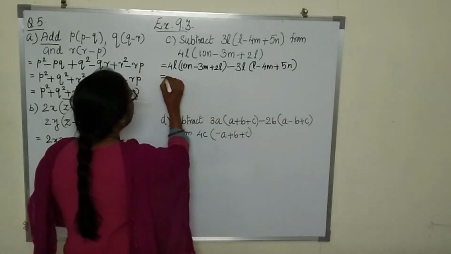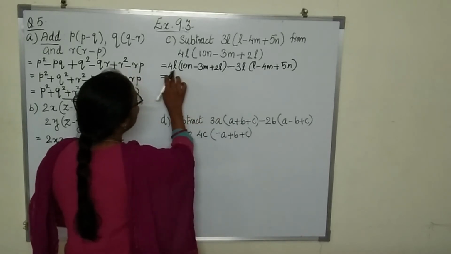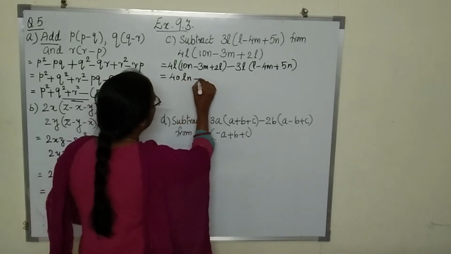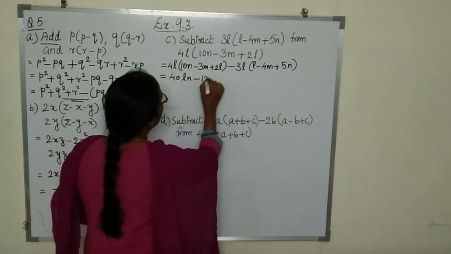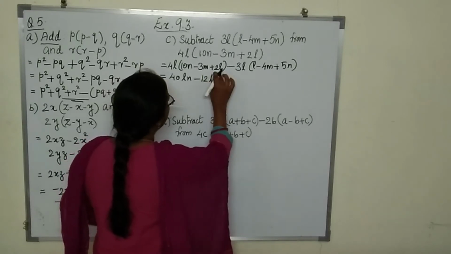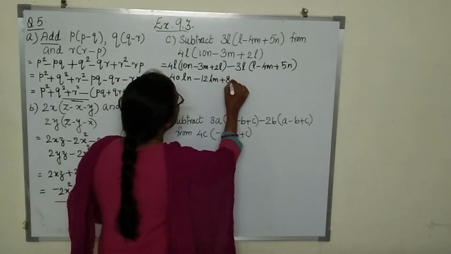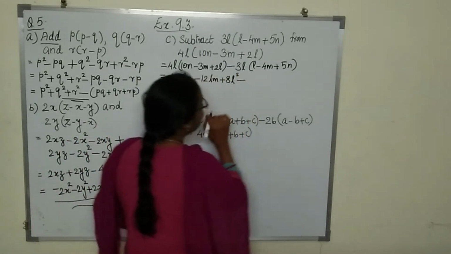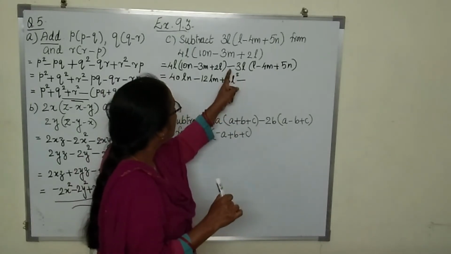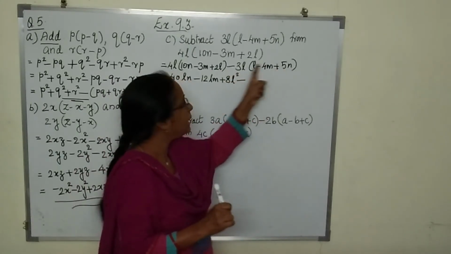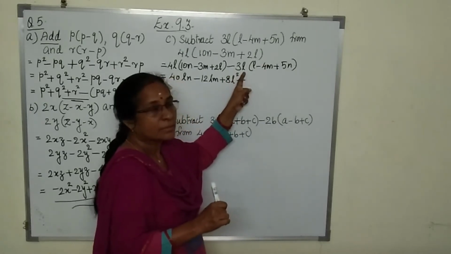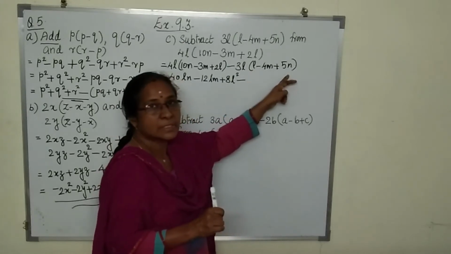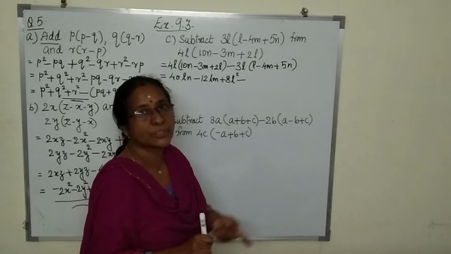Now when you open the bracket, we need to multiply all these terms. 4 into 10, 40ln, minus 3 4s are 12lm, plus 2 4s are 8 l into l, 8l square. Minus, now here we have to be very careful. All these terms need to be multiplied by minus 3l, so every term in this bracket will turn into its opposite.